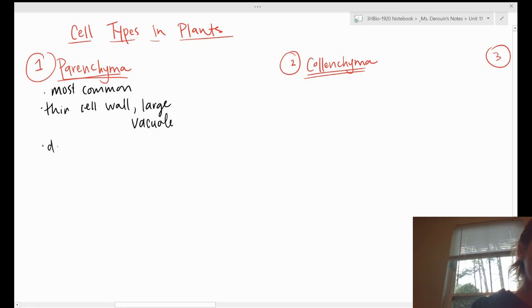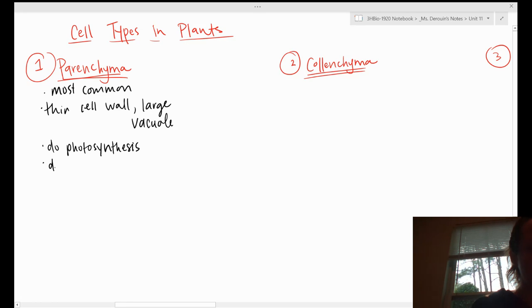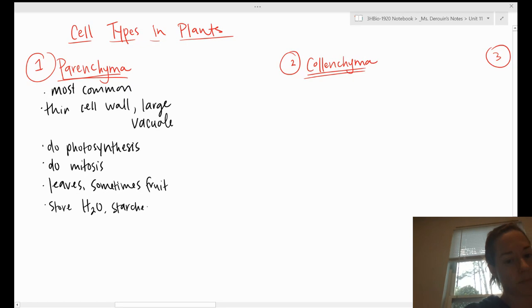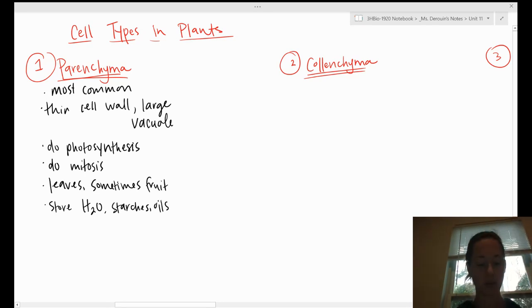They're going to have chloroplasts. They are able to do mitosis, so they can divide, and they'll be found in leaves, sometimes fruit, and their main jobs are to store water, starches, and oils, and then of course to produce those sugars for the plant using photosynthesis.